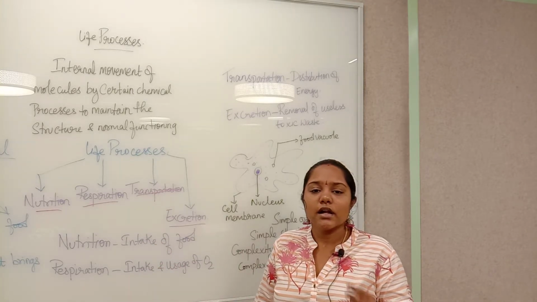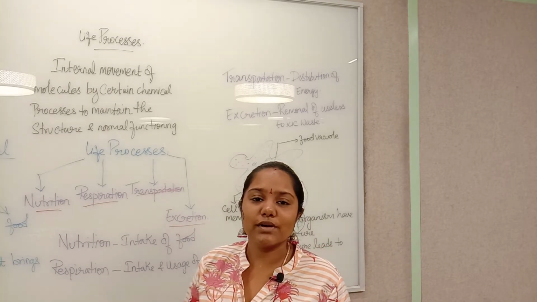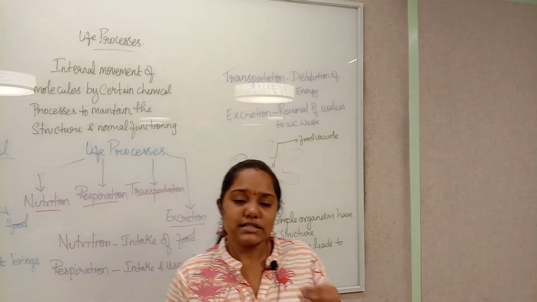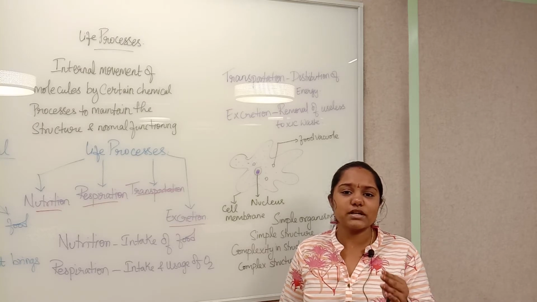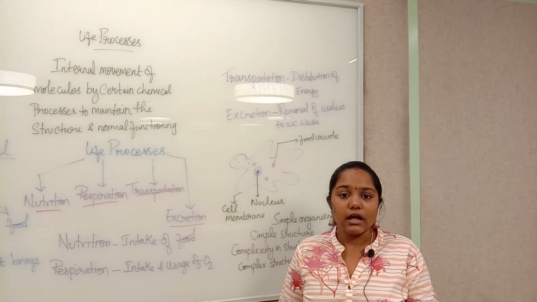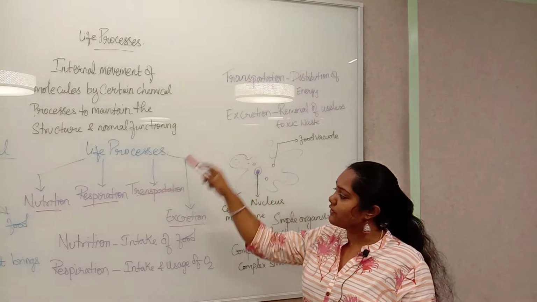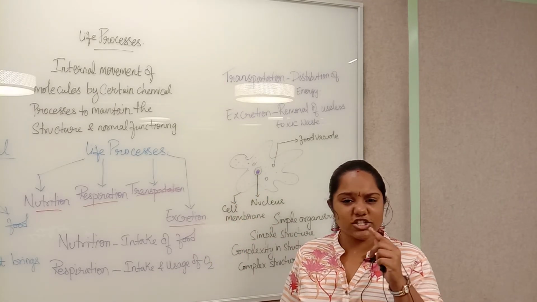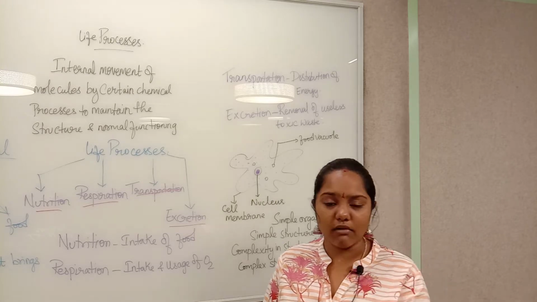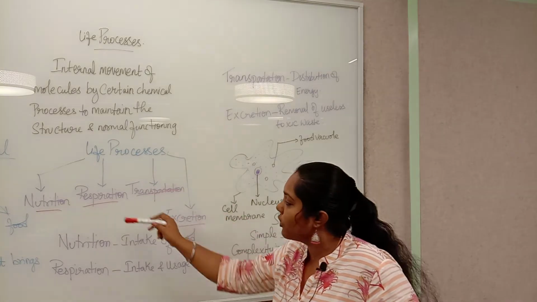Is it clear? Now, after understanding all this, you will definitely have a question saying that, ma'am, when you have told that all living organisms are made up of cells and they perform all these four processes, how does a microorganism, which is just a body of one cell, perform all these four?